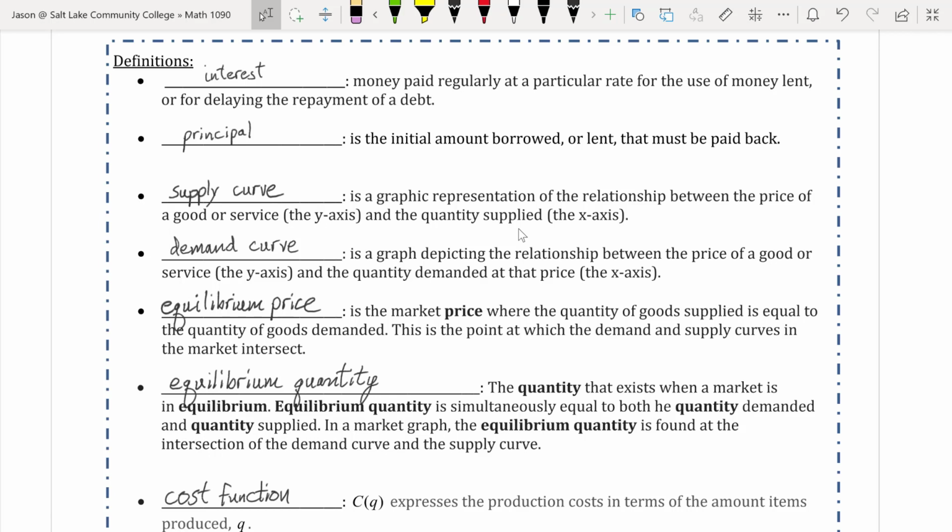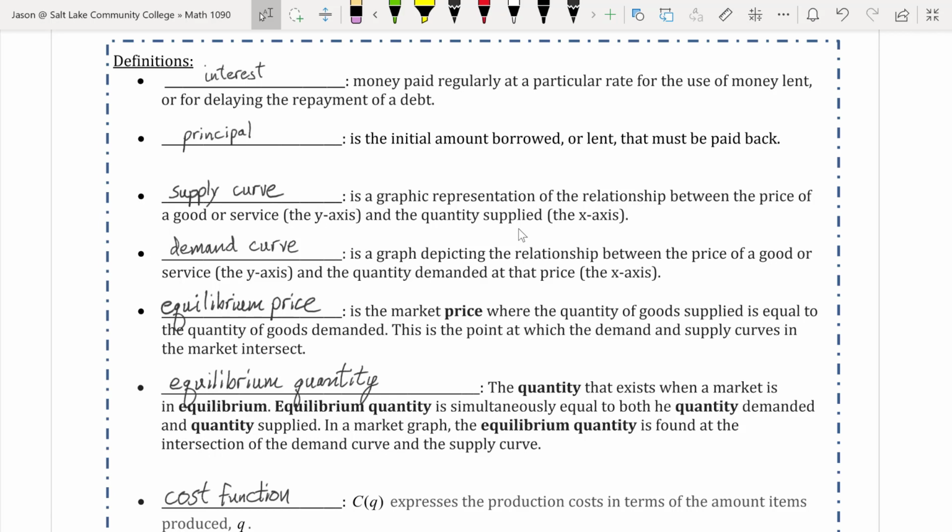Okay, a few more definitions. Equilibrium price is the market price where the quantity of goods supplied is equal to the quantity of goods demanded. So this is the price at which supply equals demand.